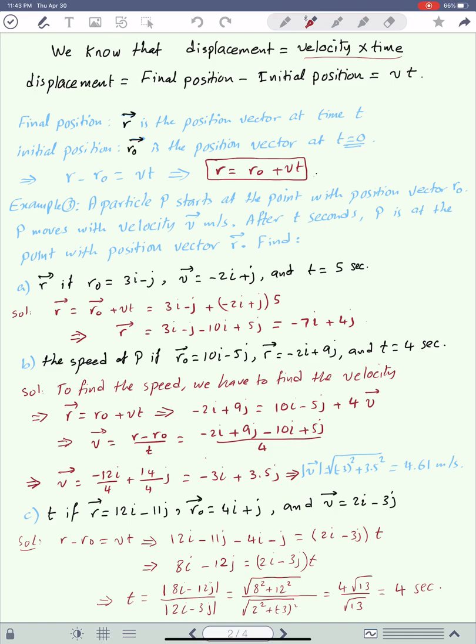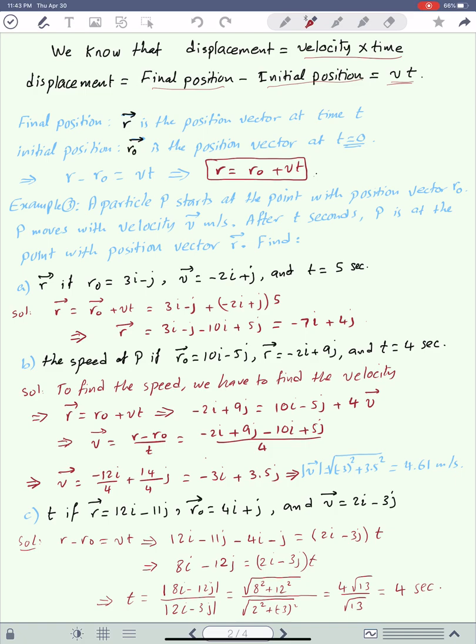In vector language, we call the displacement the position vector at time t. So instead of saying displacement equals final position minus initial position equals vt, which we know before, we change the language only, the notation. This is the idea in this chapter and the problems in the exams.